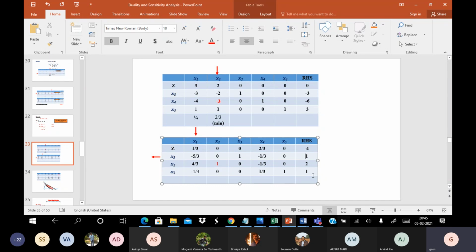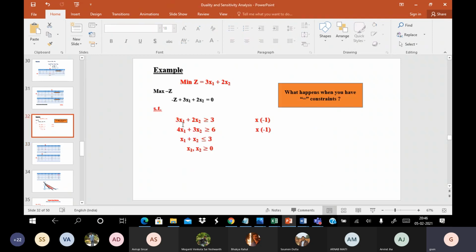So this is basically 0 2. But 0 2, then 0 2, yeah.